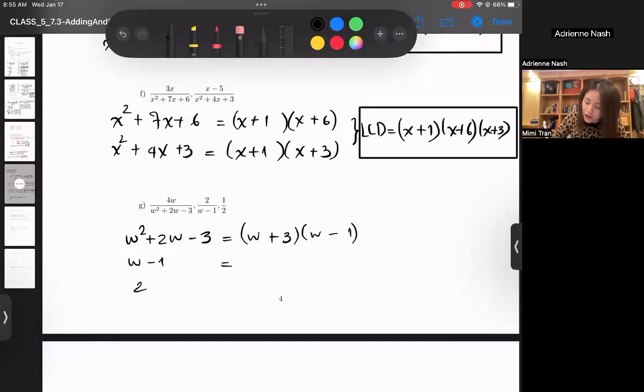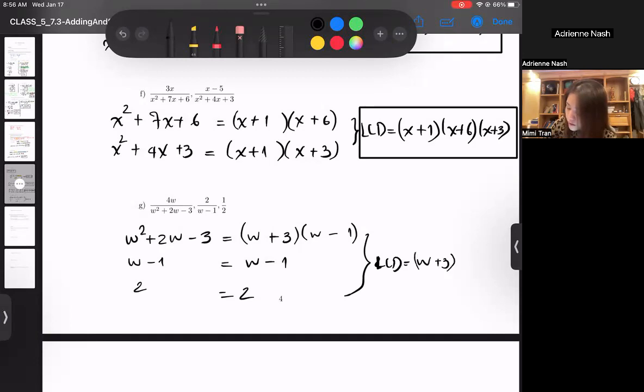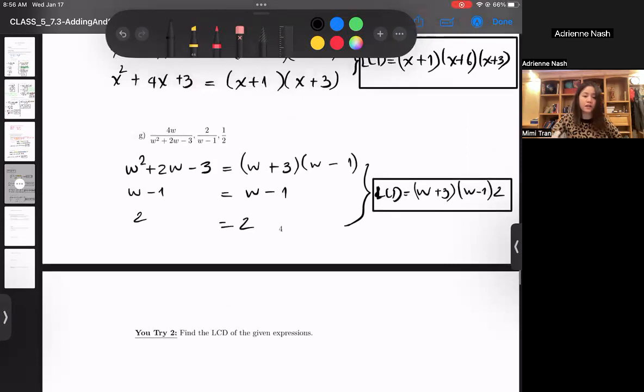And then let me rewrite these guys, they're already prime. So the LCD, let's see. There's w plus 3, there's w minus 1, and there's a 2. You can put the 2 at the front, right? So you've got the idea. You try.